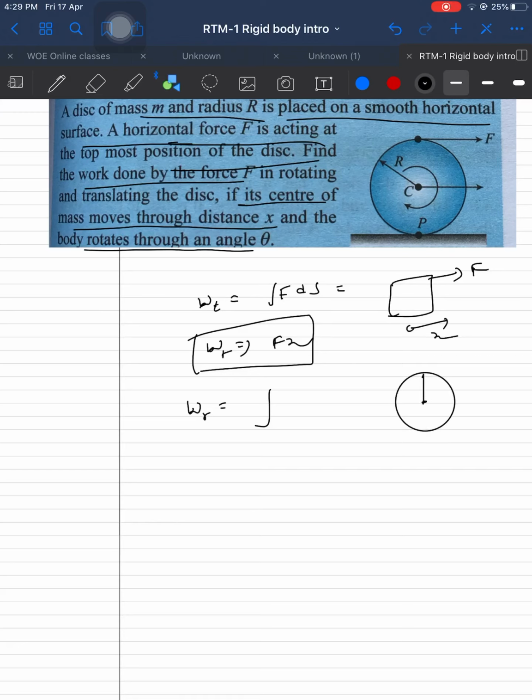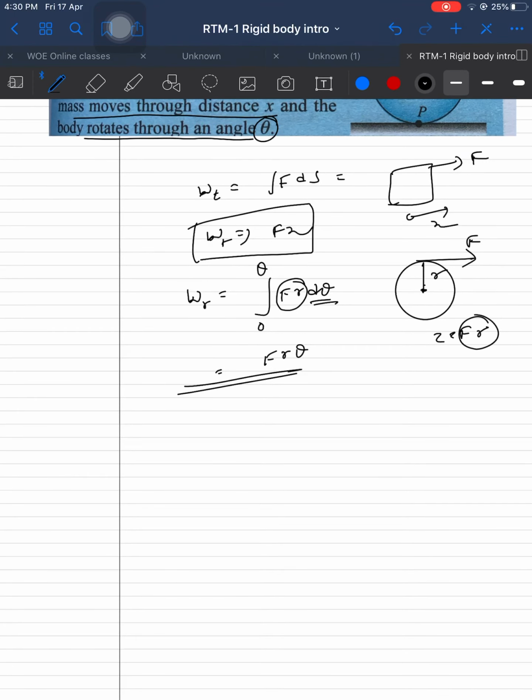The force acts in this direction, F, at distance R, so torque is equal to F into R. So F into R is a constant value, since the force and R angle are not changing. So F into R integral d theta is theta, as the angle is displaced from 0 to theta. So it is Fr into theta.